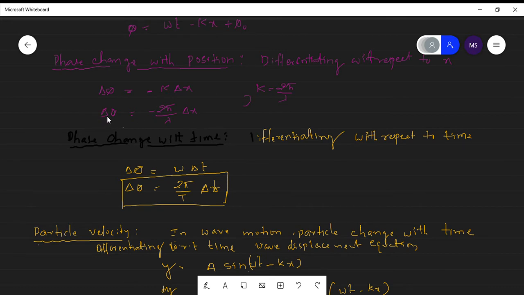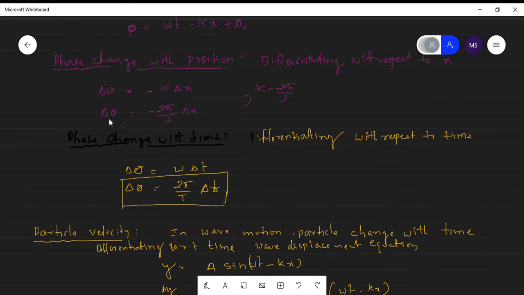Here delta phi is equal to minus k delta x, where the propagation constant k is equal to 2 pi by lambda. Substituting 2 pi by lambda in this equation, we get delta phi, the phase difference, is equal to 2 pi by lambda into x. This is the relation between the phase angle and the displacement.